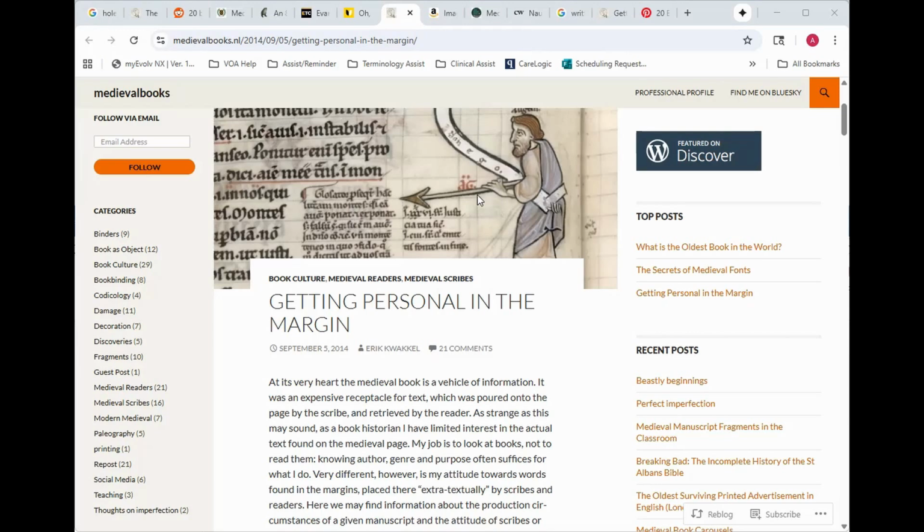So that is where we've got both image and word marginalia. We've got the guy with the spear is a bit of marginalia on his own, and then the spear is pointing to those extra words.